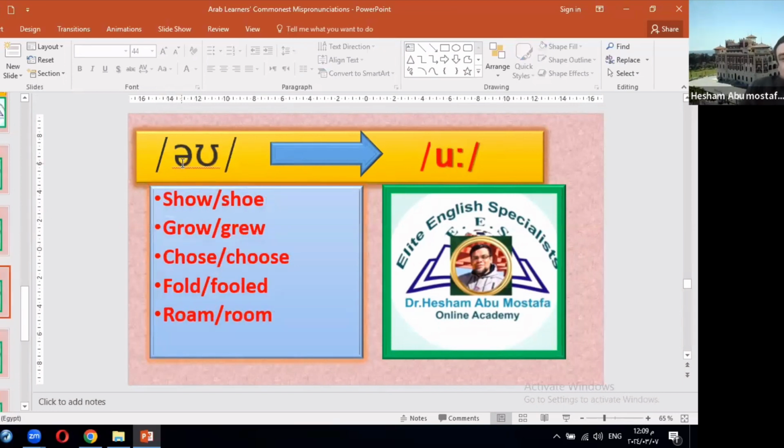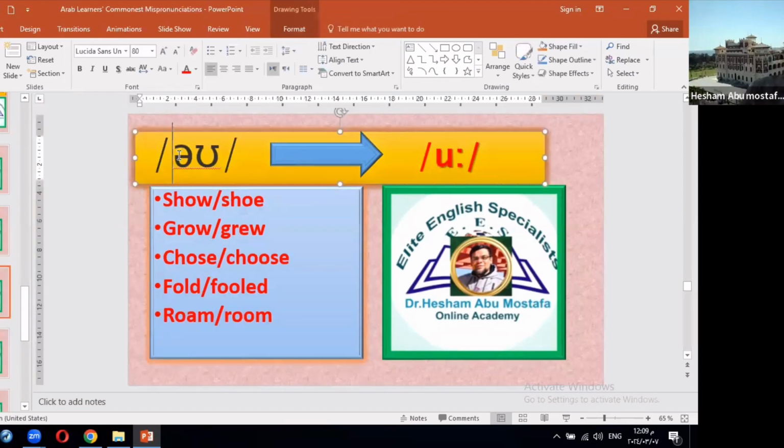As you know, this is one of the commonest problems. Oh, this is a diphthong. They change it into oo, long vowel, or they make something between them, which is neither o nor oo. Okay, so here show, shoe, grow, grew, chose, choose, fold, food, road, room.